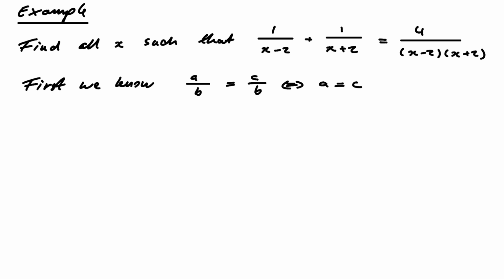Here we're assuming b is non-zero, of course. That's the cancellation property, really. Just multiply through by b. So we need to write the left-hand side and right-hand side down as fractions where the denominators are the same, and then all we've got to do is compare the numerators. So let's make the denominators equal.